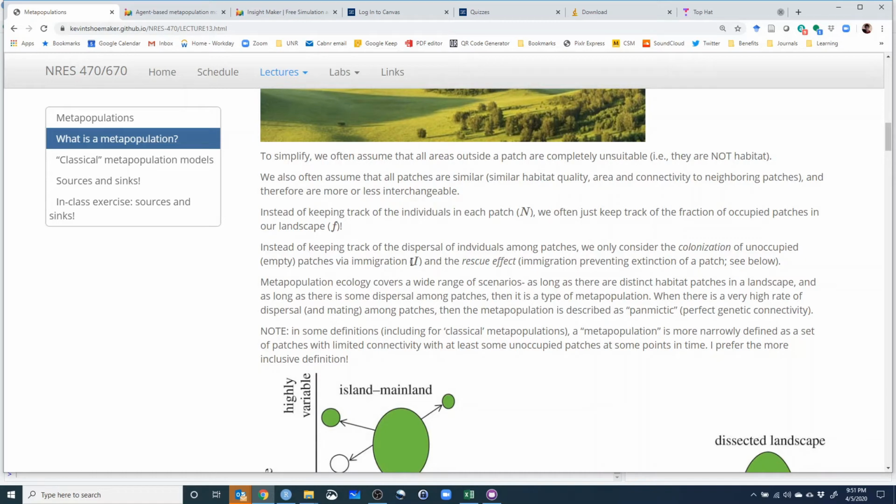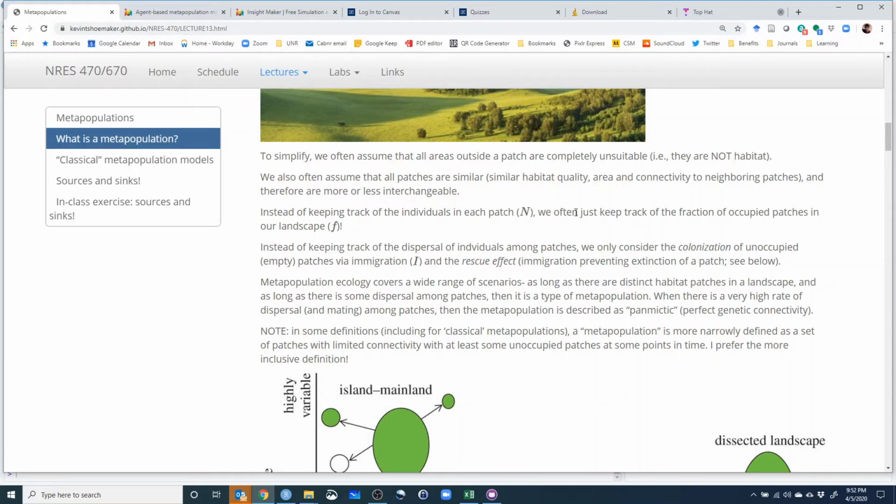Instead of keeping track of individuals in a classical metapopulation modeling framework, just like Gotelli puts forth in his chapter 4, we don't keep track of individuals anymore. This is the big difference between this lecture and all the other lectures in this class, essentially. We're not even thinking about individuals here. We're thinking about patches.